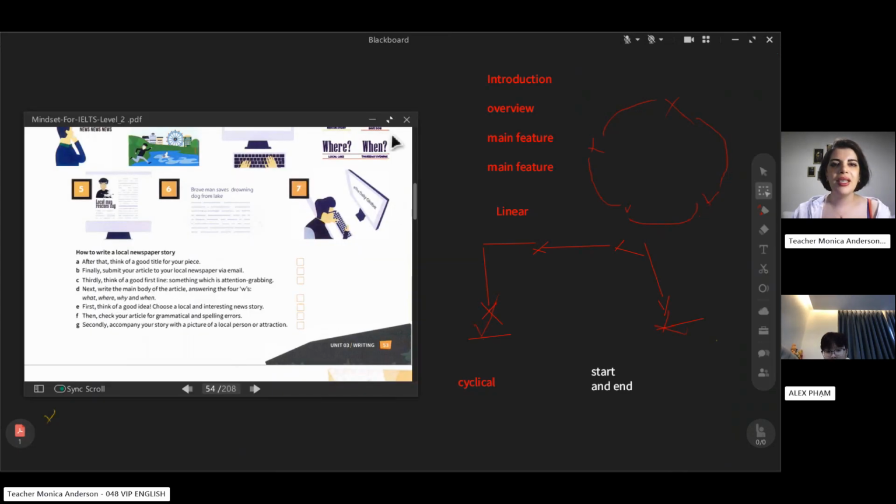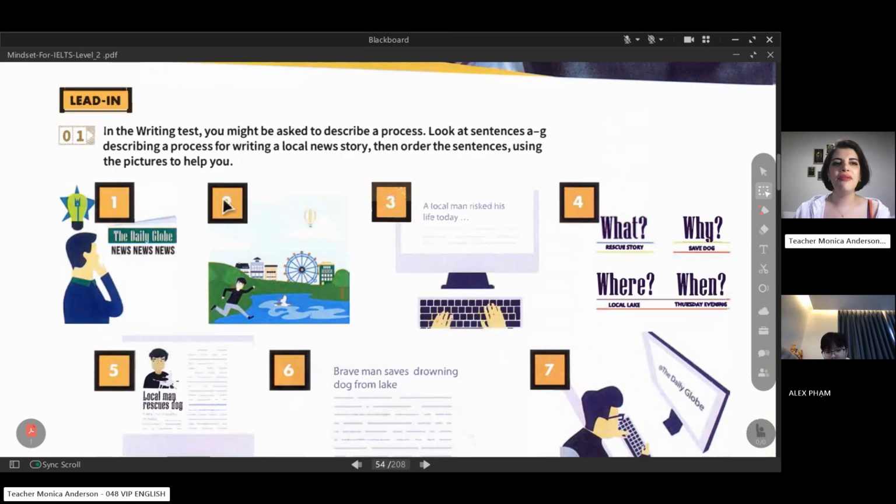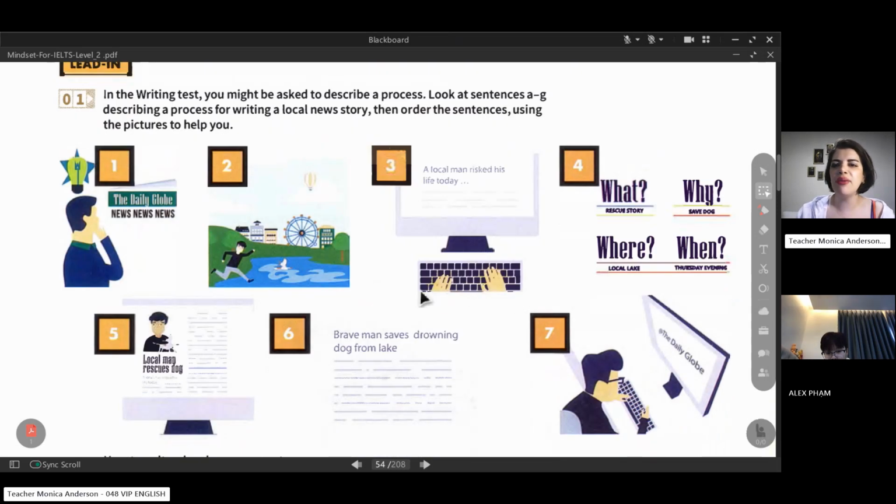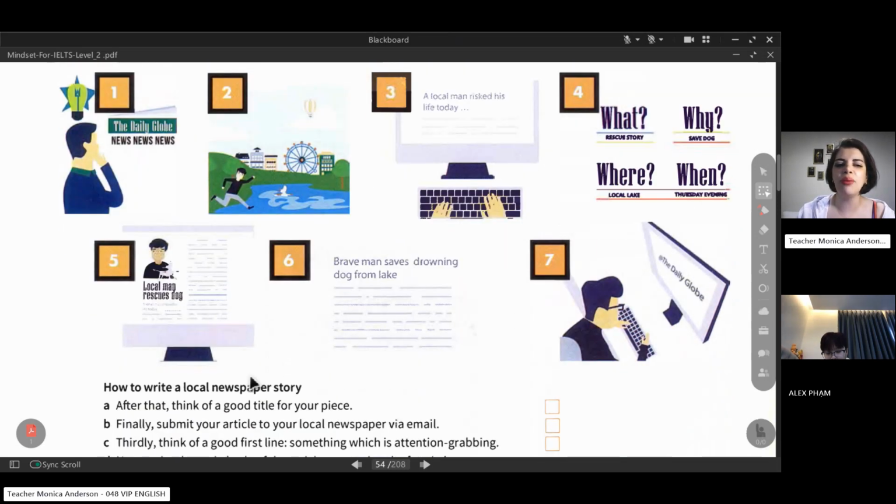Look, for example, as you can see here, look at the sentences A to G describing the process for writing a local news story. So what is actually the title? Writing a local news story. Let's order them. Of course you can see the pictures, and they can help you.